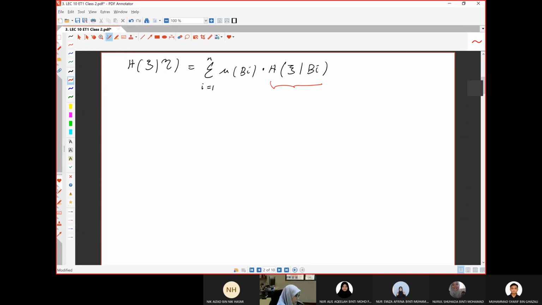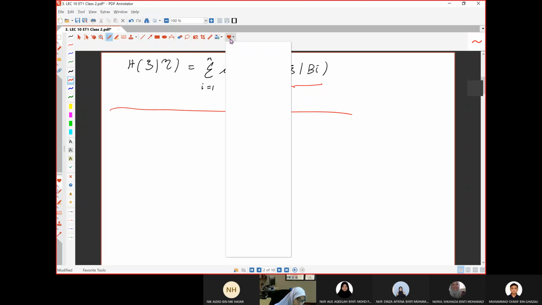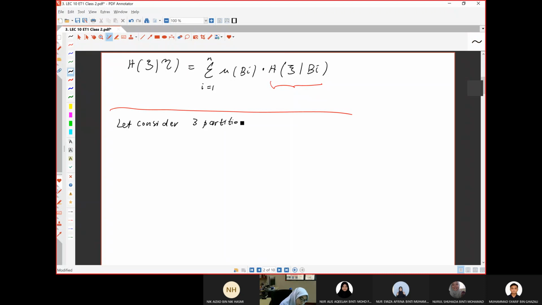Okay, so for today we will continue with the new topic. We want to find a new entropy, which is the entropy of three finite partitions. So let us consider three partitions. The first partition is psi, given by A1, A2, A3 and so on until An.